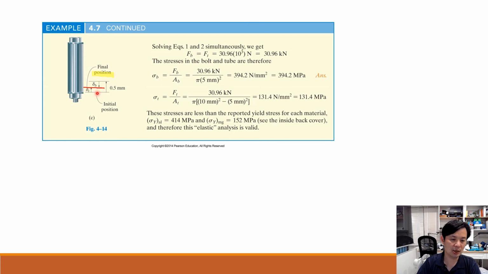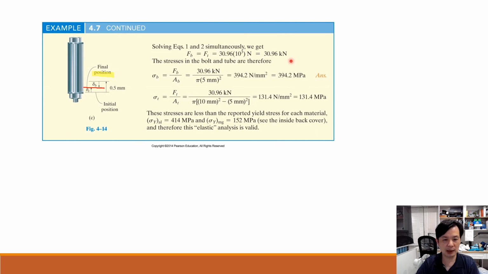Initially it comes here, goes forward, then back to this place. That's the concept we use to get the equation in previous slides. Once we solve equation 1, the force balance, and the second one, the position of the nut, we get FB and FT as the same value, 30.96 kilonewton.